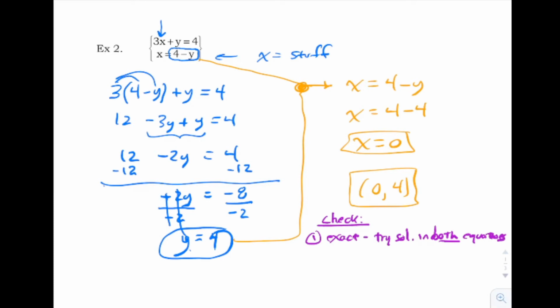You have to do both. So I would come up to here and I would say 3 times, let's see, we're saying x is 0, okay, plus y, but we're saying y is 4, okay. Does that equal 4? And if you look at that, that's true. The bottom equation says x equals, well, x, we got 0 for x. Does that equal 4 minus, and y is 4?